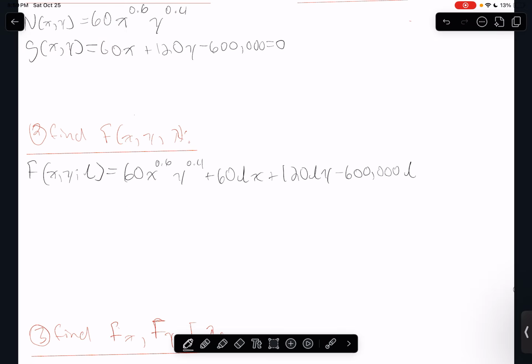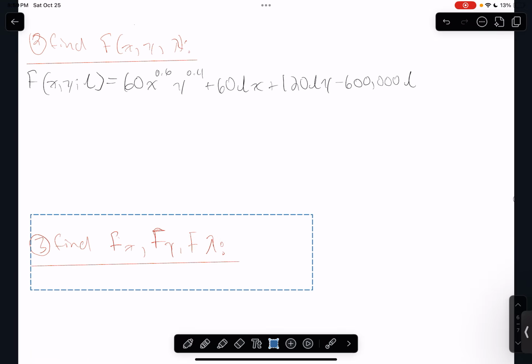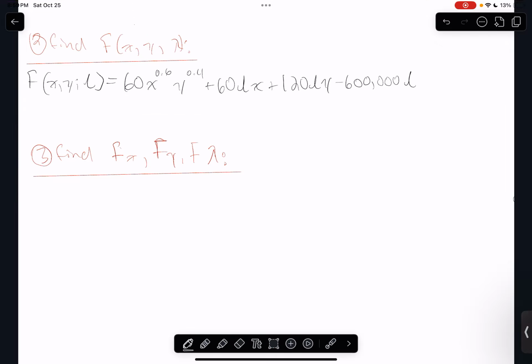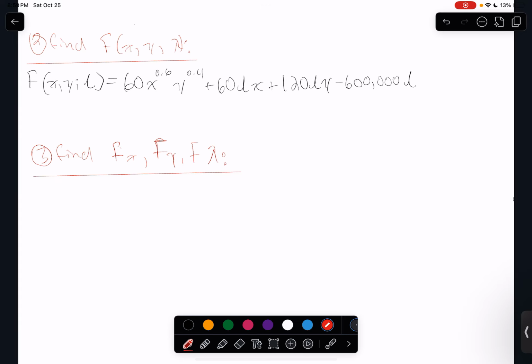All right, the third step is going to be the step I almost completely jumped over, being too eager. Now we're going to find our partials with respect to the letters in our Lagrange multipliers. Same step. Okay, there's nothing new. Don't get ahead of yourself like I almost did. So we have our capital Fx, all right? We're going to keep the 60 here, right?